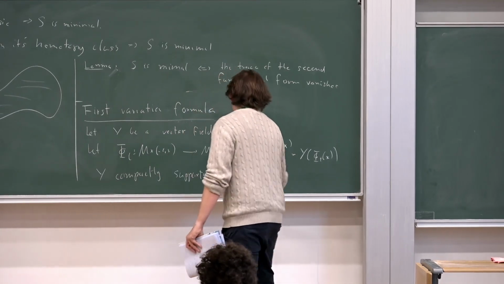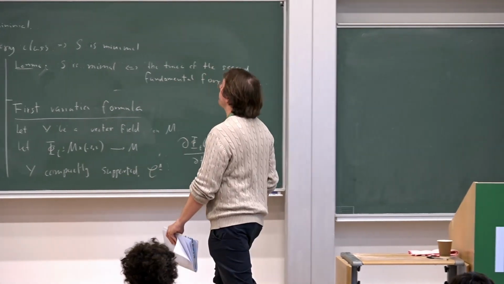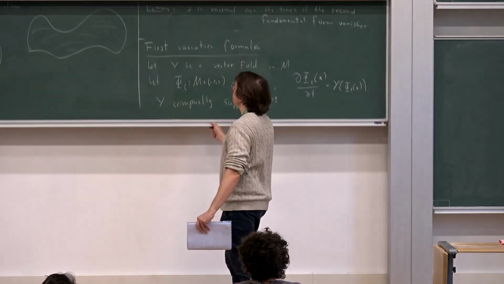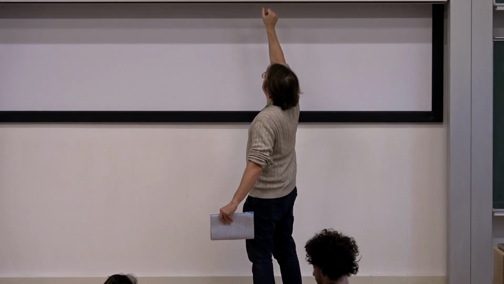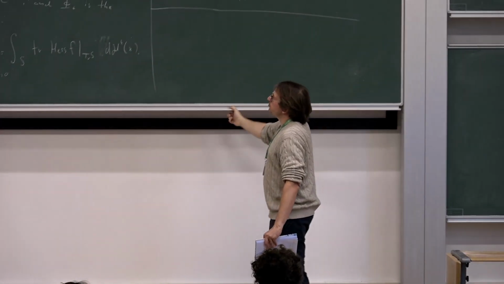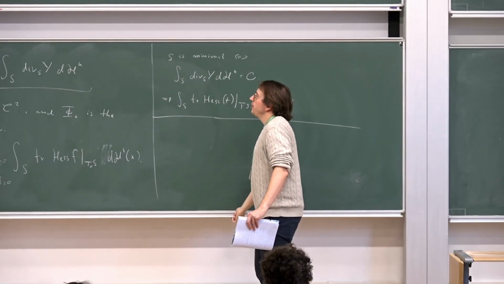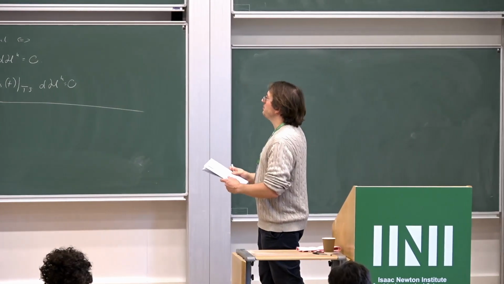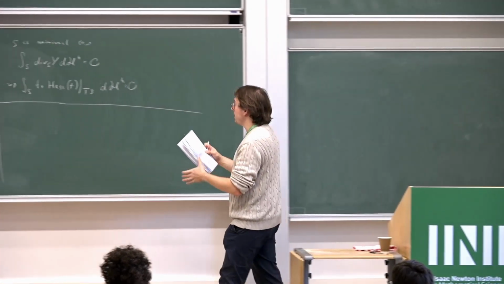And let me add that it's C1, just so everything makes sense. Okay. So this is actually the extent of what you need to know about minimal submanifolds to apply them to problems related to expansion and stability. It's really not much.